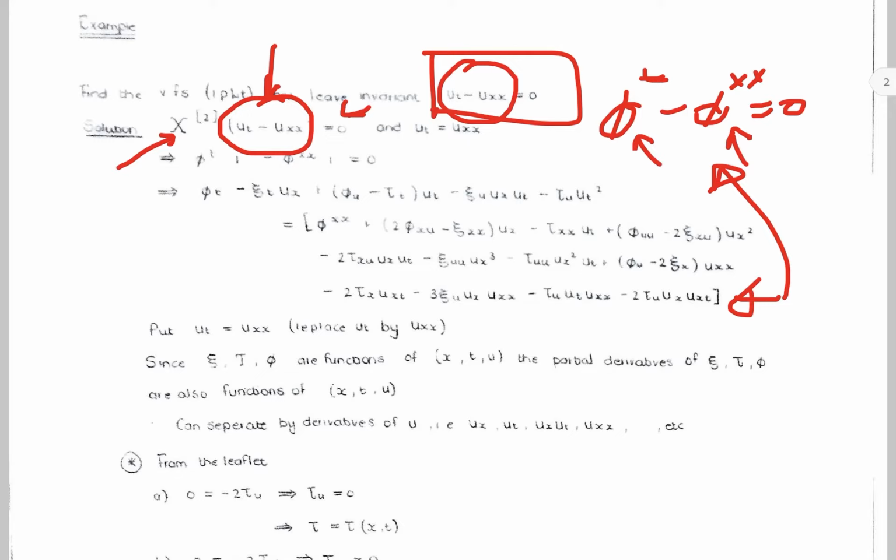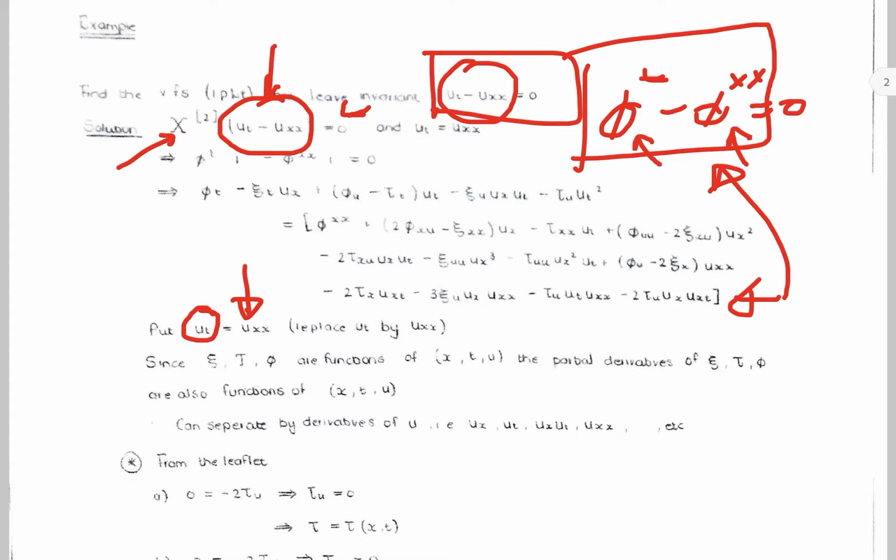We need to impose the equation. So what we do is we replace all the u_t's by u_xx. So that would satisfy the second condition, that it has to be modulo or along the solutions of the differential equation. So wherever the u_t appears in this expanded formula of the left-hand side, you would replace u_t by u_xx.